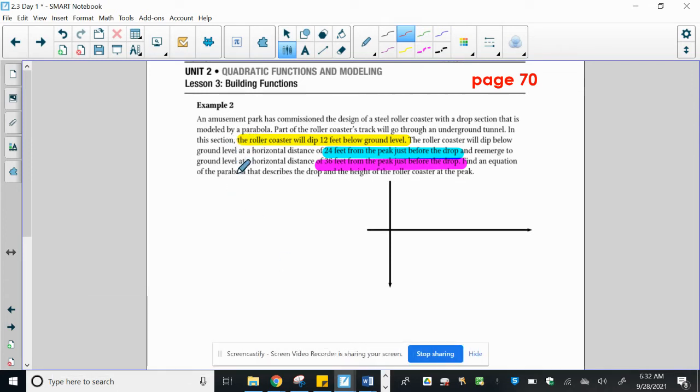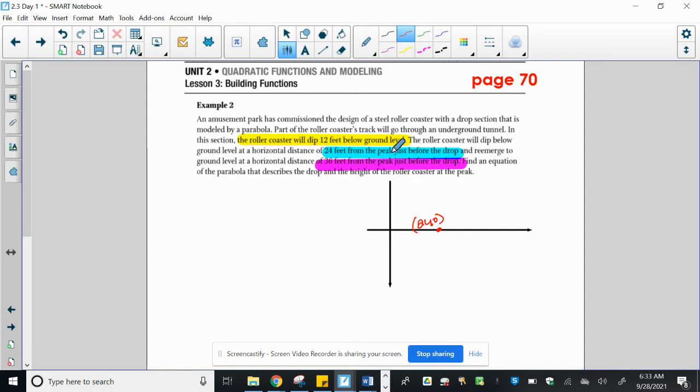Okay, so first things first, they gave us a lot of information. So I would make a quick sketch of the given information. The roller coaster will dip below ground level at a horizontal distance 24 feet from the peak before the drop. So out 24, we'll put this first point.